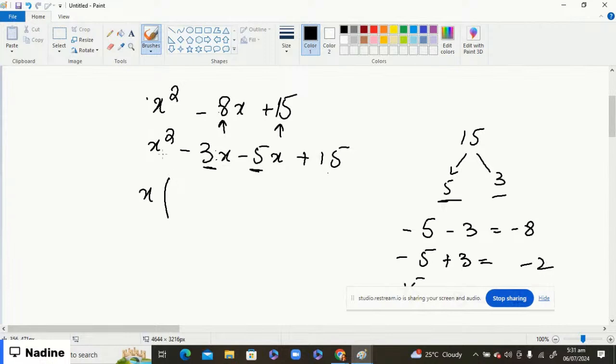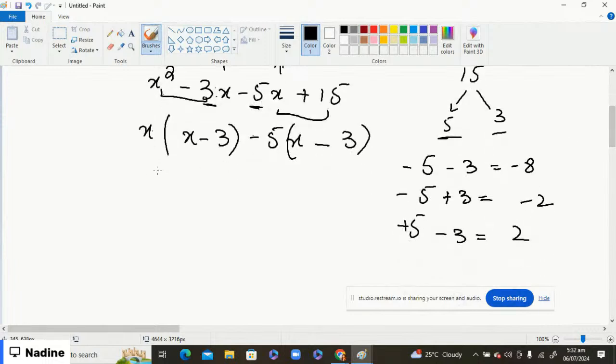Taking x common in the first two, x is here, 1x is left, minus 3. 5 is common in the last two, x, then minus 3, since the outside is a minus sign, the inner sign is changed. 5 times 3 is 15. Now we write down the two brackets.